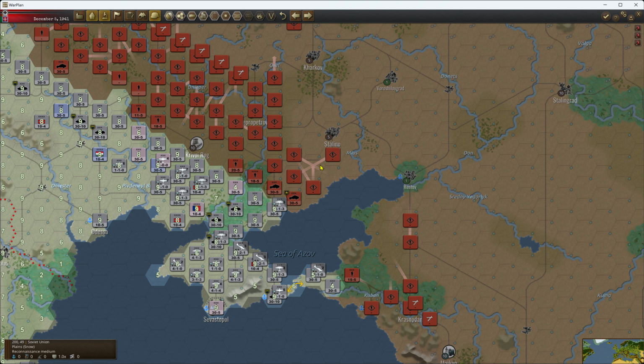But I don't know if that's going to be doable. We're going to see. It's going to be some really hard fighting, and I'm going to have to extend my line really long. But I'm in the best position to do it. And if I can't do it with this force and what's coming on, I don't think it can be done, because I have virtually no losses at this point.